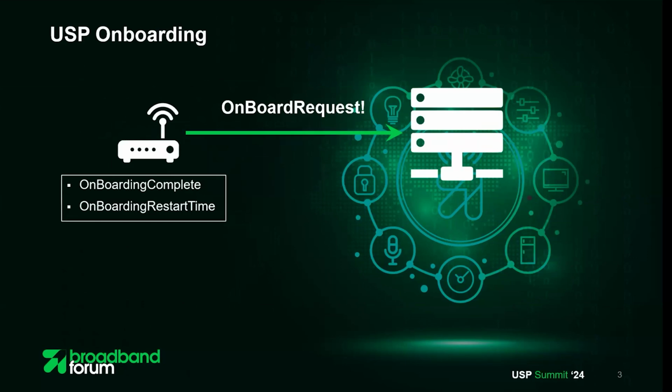Another update, which we almost mentioned, is more USP-oriented and relates to the onboarding process of an agent. A USP agent has the possibility to send an onboard request notification to a USP controller under certain circumstances. Those are, for example, being requested by another controller through the send onboard request command, or because of some internal agent policy. For example, when the agent has discovered a new controller through the DNS-SD mechanism.